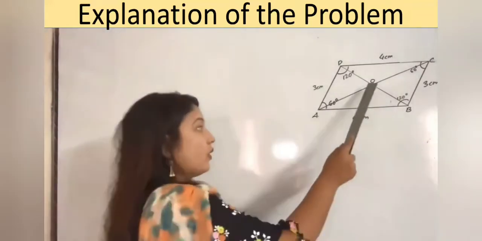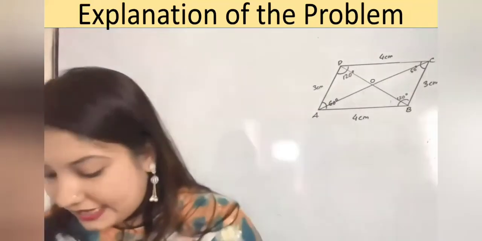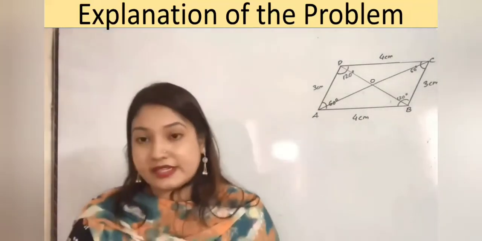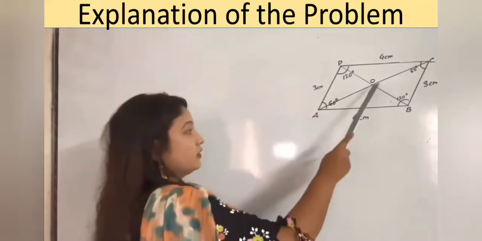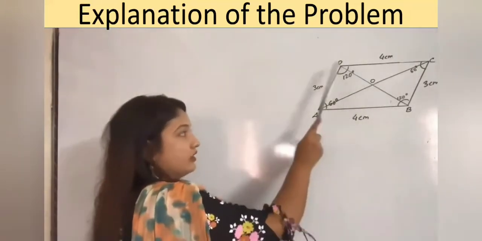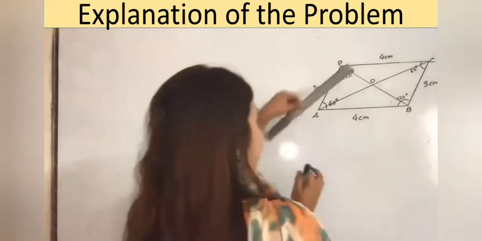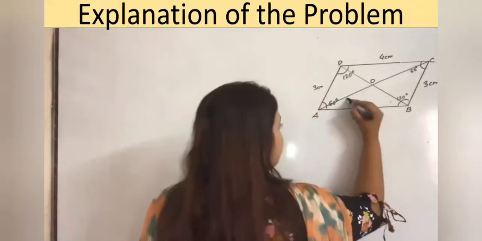So from here, we are getting four segments. See, in the question, it is said to find the length of four segments at the point of intersection of the diagonals. Now see, here what are the four segments? OA, OC, OB, OD. So let's measure the segments. As I can see here, OA is 2.9 centimeter.